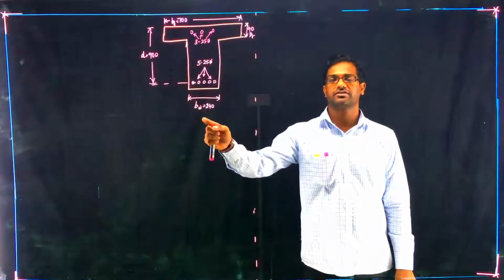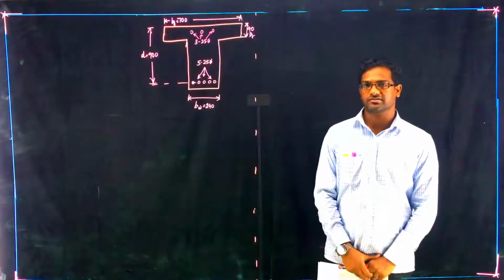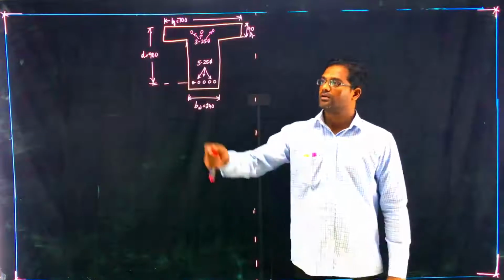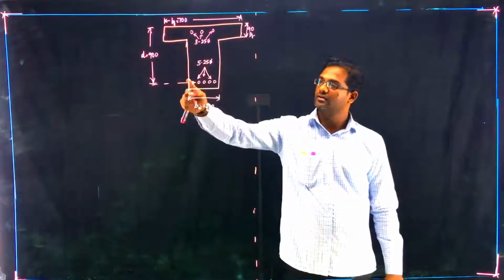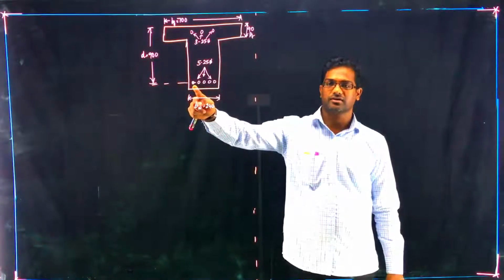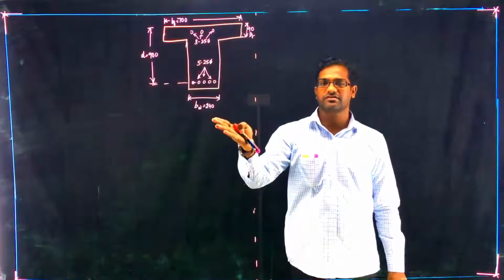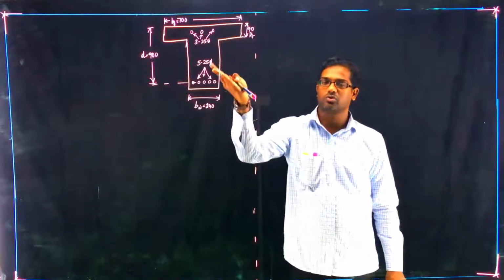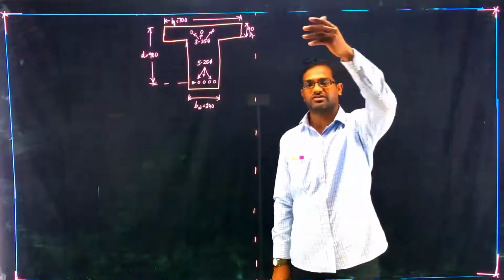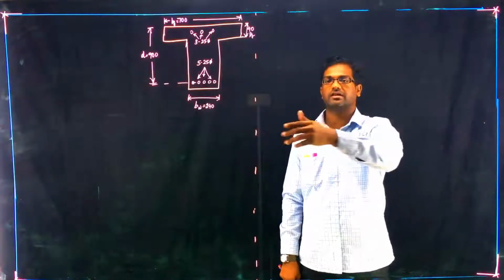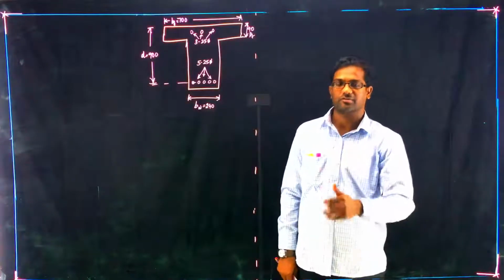For the given section, we need to calculate the moment of resistance. Here you can see reinforcement in compression zone and tension zone. So in order to calculate the moment of resistance of this section, we need to go by trial and error method. First, we will write down the sectional details. Then we will start calculating the moment of resistance by trial and error.